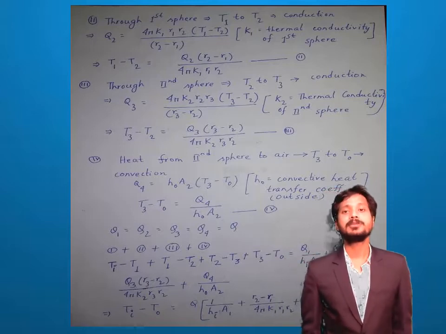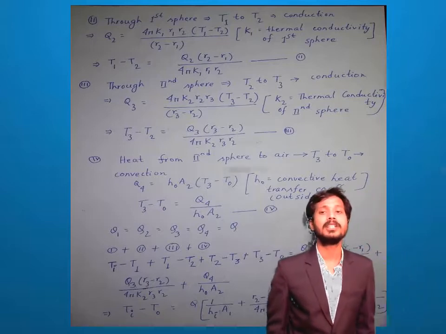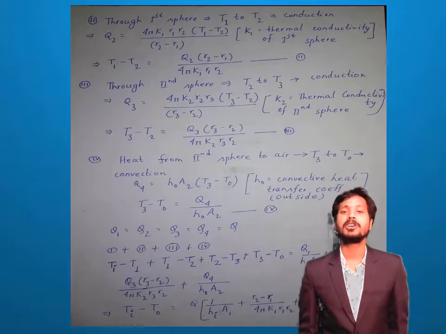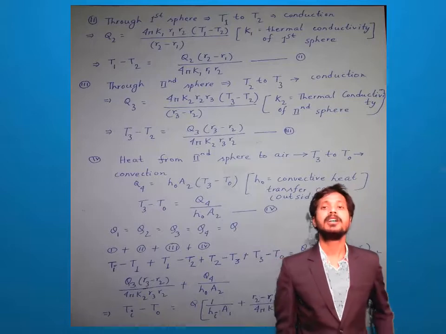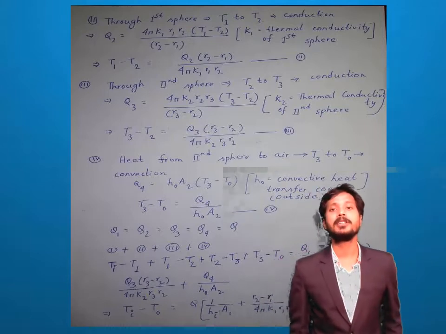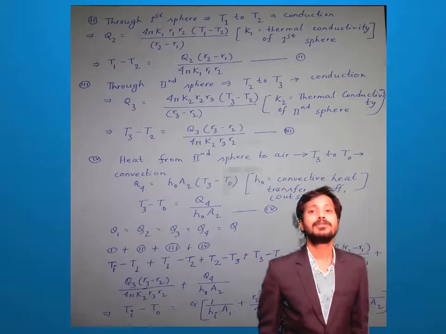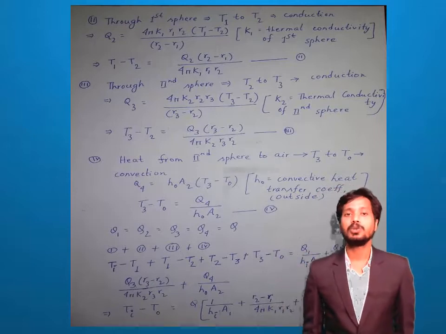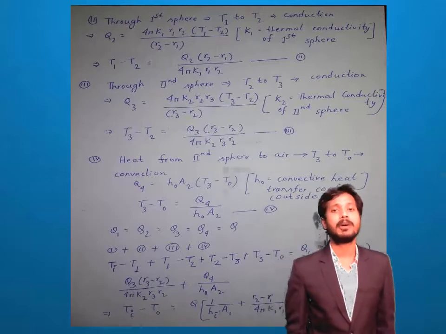Now through the second sphere, means from T2 to T3, again it is a conduction mode because it's a spherical solid body. The formula we know is 4 pi k R1 R2 (T1 minus T2) by (R2 minus R1).